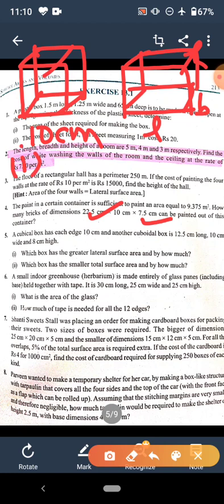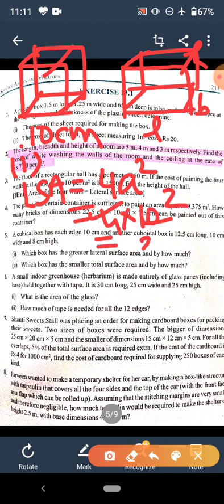So in the first case, what you have to find? You have to find out the lateral surface area of the cube, that is 4a square. You will put the value of a and you will get the answer. And also you will find the lateral surface area of the cuboid.